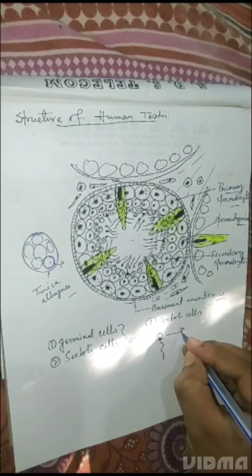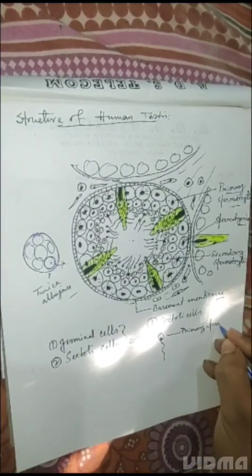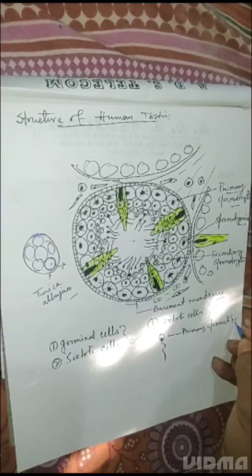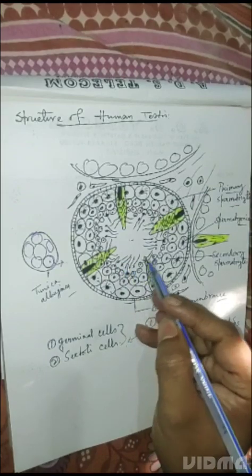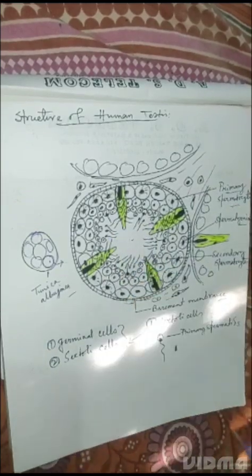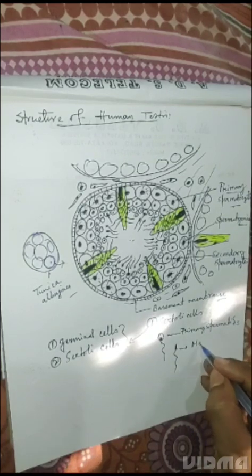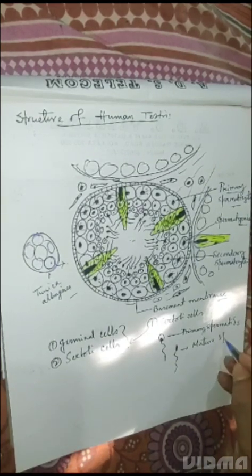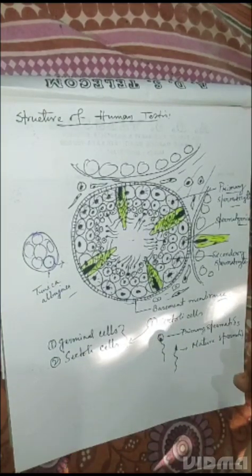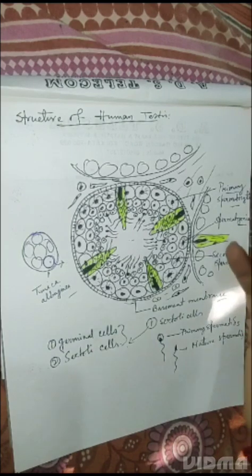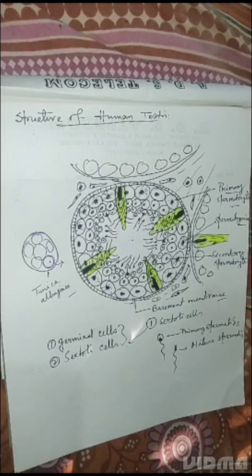So this one is called primary spermatids, and the next one is where you can see all above that region, this type of structure. This is mature spermatids. All right, so this is the whole structure. This is quite a simple structure to remember.